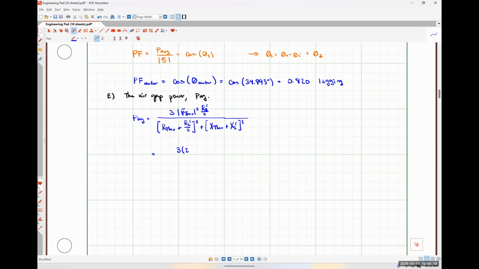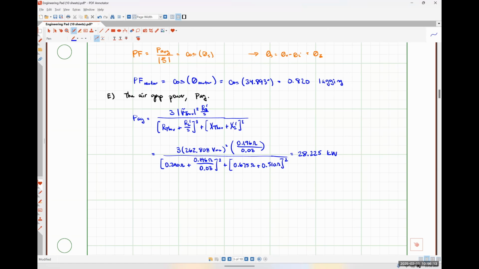So 3 times 262.808 volts RMS, square that guy, 0.196 ohms over 0.03, that's my R2 over S, all over 0.290 plus 0.196 over 0.03, square that guy, 0.675 plus 0.510, square that guy, and this comes out to be 28.225 kilowatts.